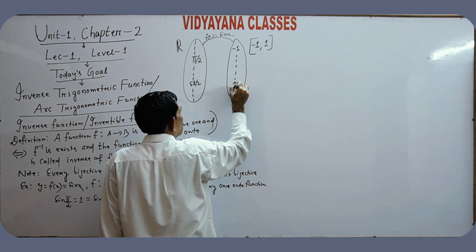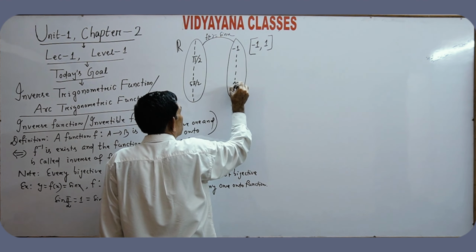But y is equal to f(x), which is equal to sin x, if f is from the closed interval [-pi by 2, plus pi by 2] to [-1, 1].